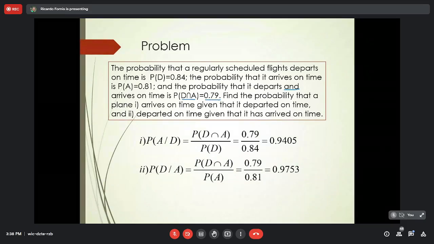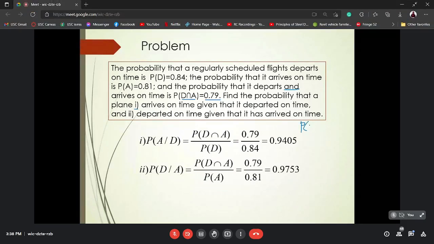It is 0.79. The question is to find the probability that a plane, letter I, arrives on time given that it departed on time. Meaning, what is the probability of A given D? So this one is read as the probability that it arrives on time given that it departed on time.